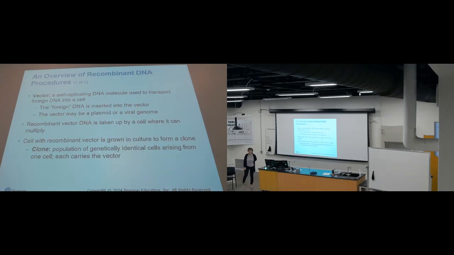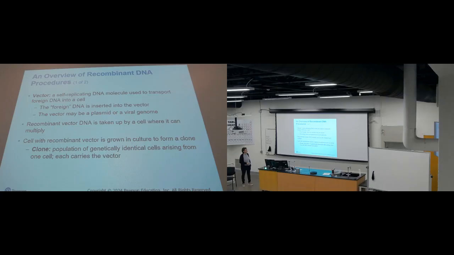In order to do that, we have vectors. A vector is a self-replicating DNA molecule that is used to transport foreign DNA into a cell. And this DNA can be a plasmid or it can be a viral genome.